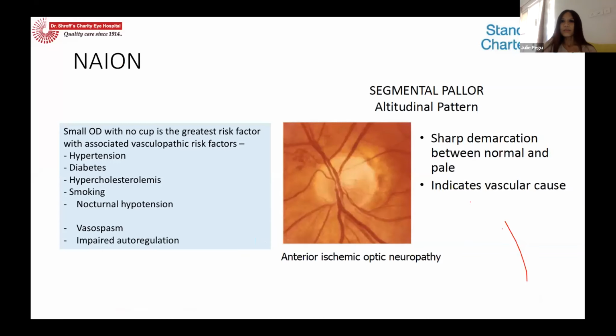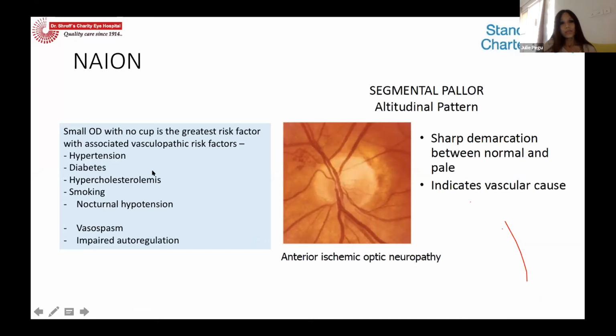The third cause is non-arteritic ischemic optic neuropathy. These are the discs at risk. This usually happens in a very small optic disc with no cup. When so many axons go through a scleral tunnel, they have axoplasmic stasis, and when the axons swell up, they lead to more ischemia, and then you get a picture like this.